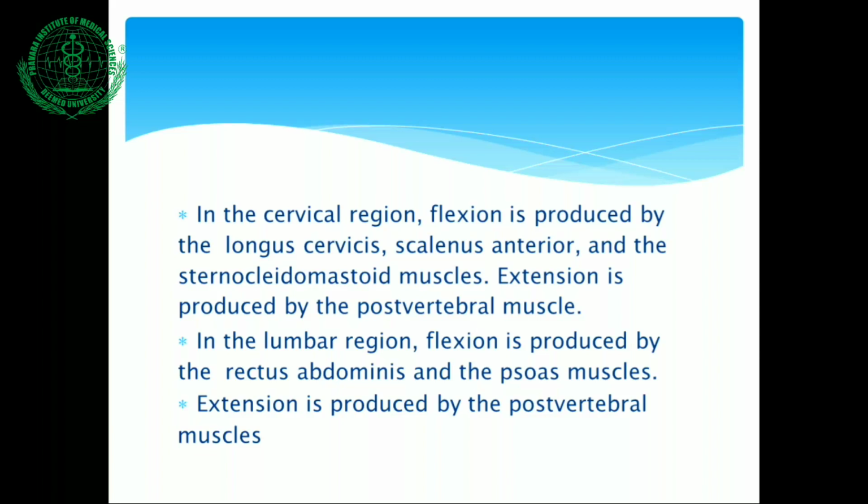In the cervical region, the flexion of the vertebral column is chiefly produced by scalenus anterior, longus cervicis and sternocleidomastoid muscle. While in the lumbar region, the flexion of the vertebral column is produced by psoas muscles and rectus abdominis muscle.